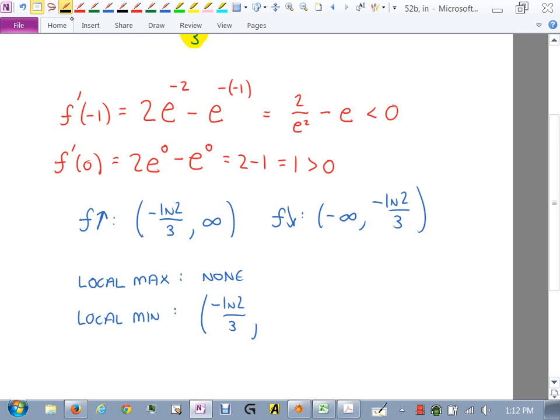So how about I do it this way? E to the 2 times negative natural log 2 over 3, plus e to the negative natural log 2 over 3. Whatever that value is. Was that the original function? E to the 2x plus e to the negative x?